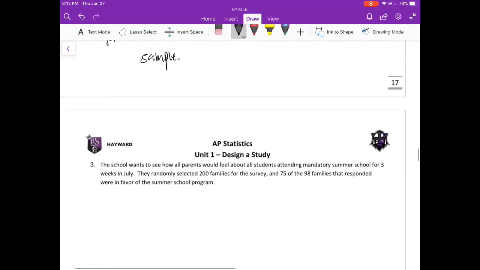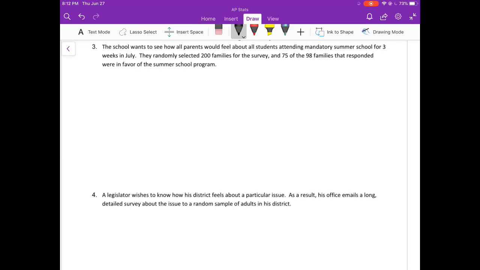Okay. Moving on, number 3. The school wants to see how parents would feel about all students attending mandatory summer school for 3 weeks in July. They randomly select 200 families for the survey, and 75 of the 98 families that responded were in favor of summer school program.